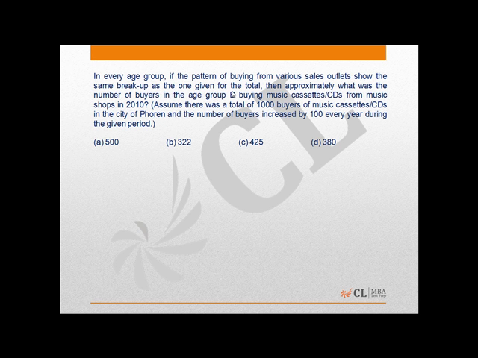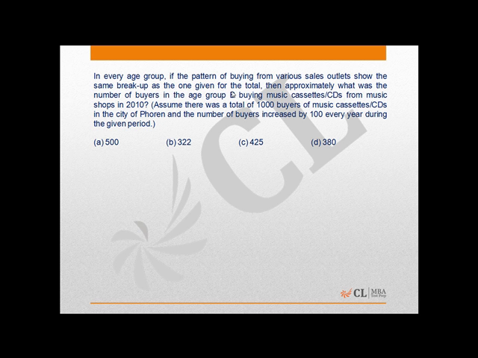In the next question, it is given that in every age group, if the pattern of buying from various sales outlets shows the same breakup as the one given for the total, then approximately what was the number of buyers in the age group B buying music cassettes from music shops in 2010?